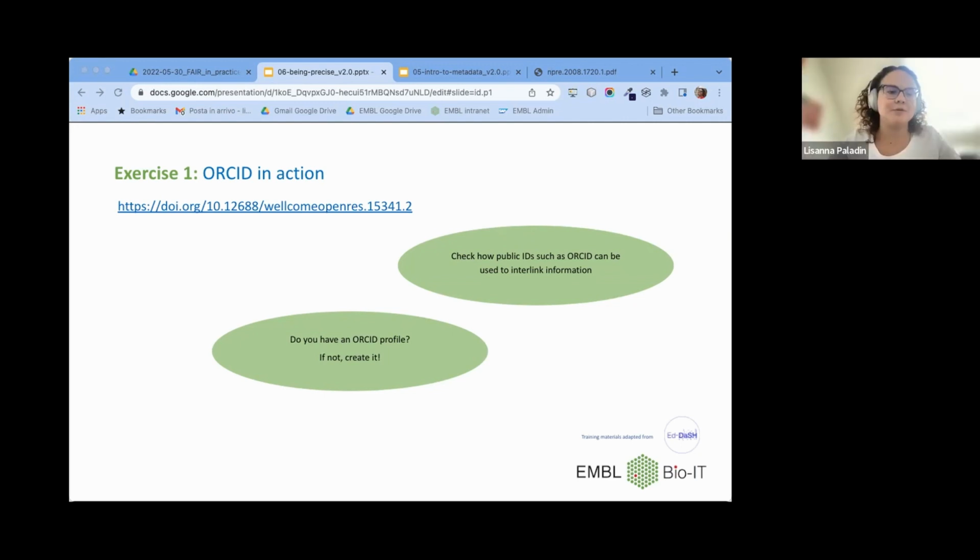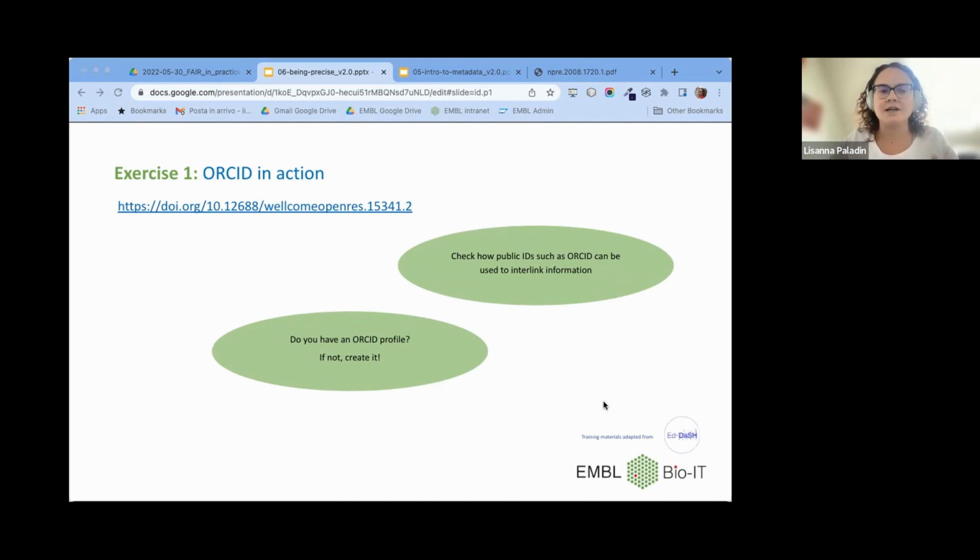In addition to the EMBL perspective, I would say that this is often the case. There are several institutions now that, if they don't require it, at least monitor usage of ORCID, and this is becoming a thing. So if you don't have an ORCID profile, we highly suggest you create one.